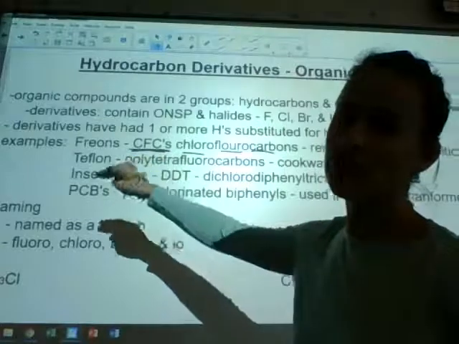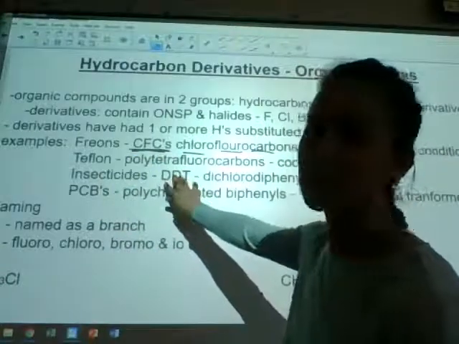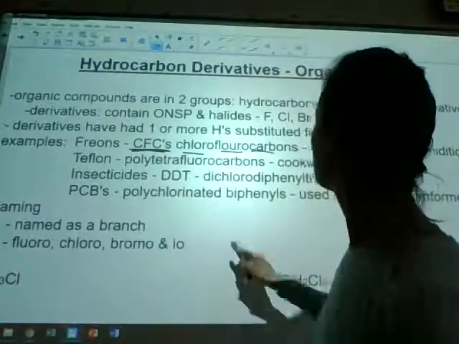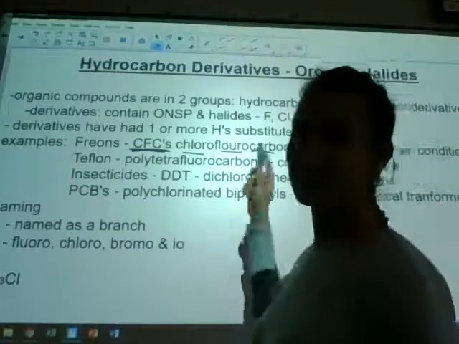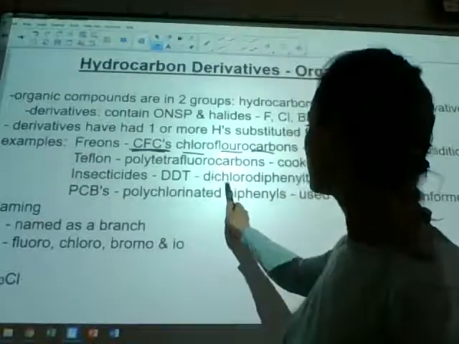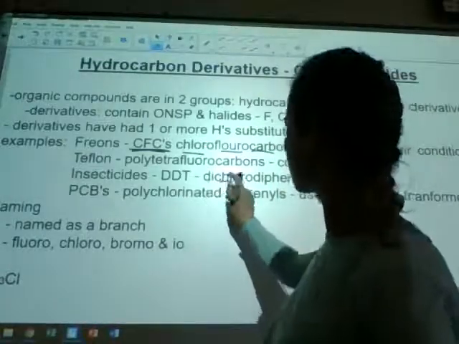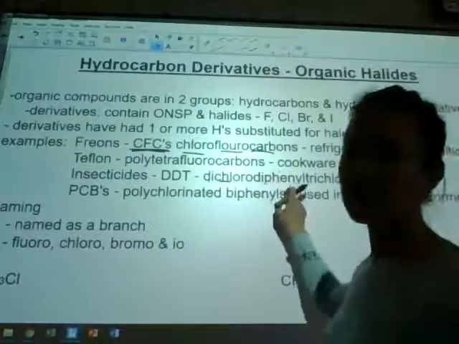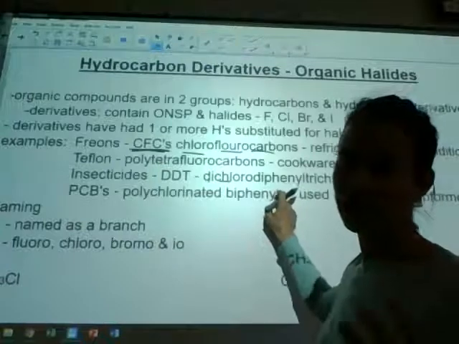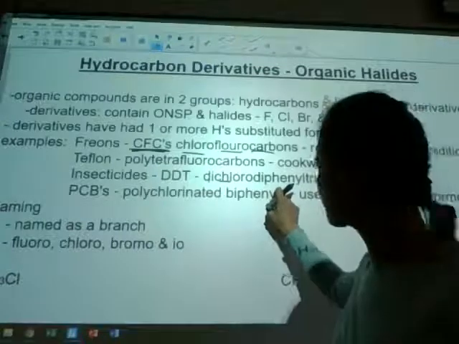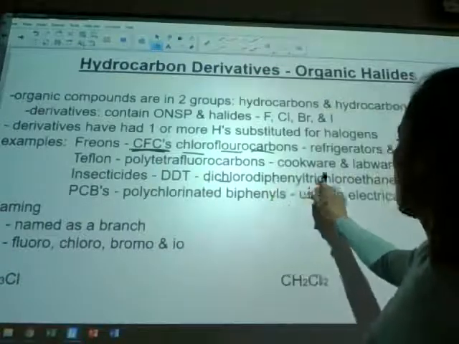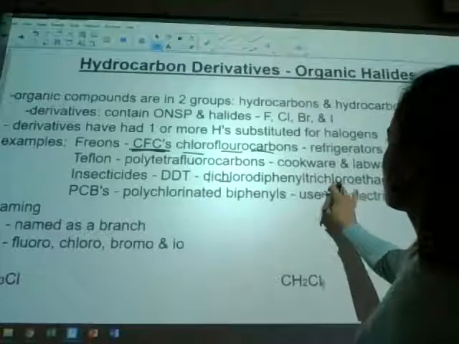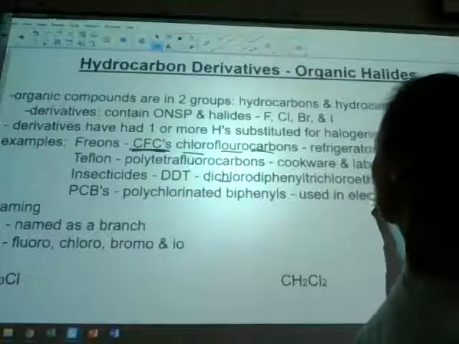Insecticides. So for those of you that took Bio 20, we talked a lot about DDT, and the name for DDT. So the full name for DDT, dichloro, so 2 chloros, so 2 chlorines substituted. Diphenyl, so phenyl is actually a functional group of when benzene becomes a functional group. Tri, so 3 chlorides on an ethane.